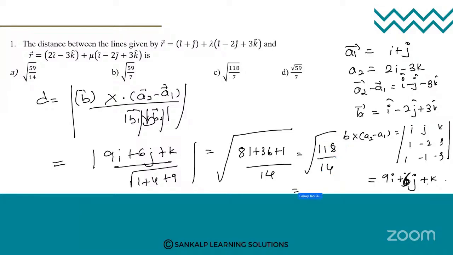If I cancel this, I'll get root 59 by 7. So root 59 by 7 is our answer. Which option? Option B. Don't get confused between option B and D: in D, 7 has no square root, but 7 will come under the square root. So please don't get confused.